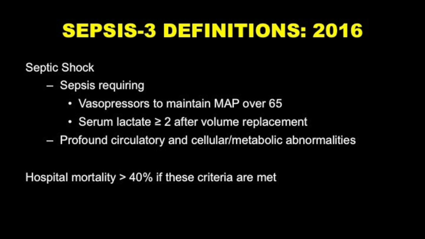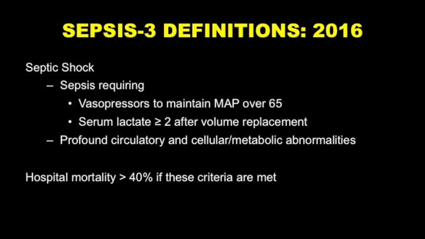Essentially profound circulatory and metabolic abnormalities, and once those criteria are met, hospital mortality is more than 40%. Caveat: these definitions, Sepsis-3, are not validated and weren't actually developed based on any data from a non-high-income country setting. Okay?